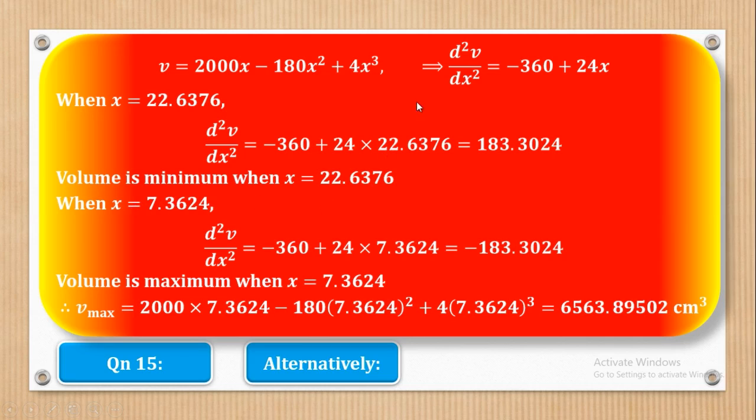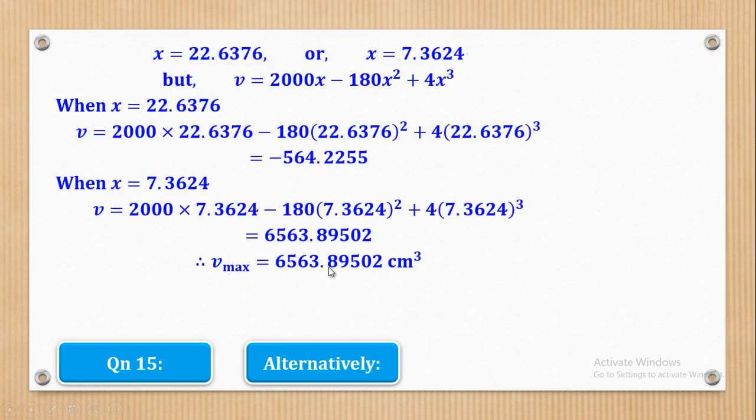But when I carry out the second derivative test on this other value of x, I'll come up with a negative value, meaning the volume is maximum at this value. Therefore, I'll substitute this value of x in this expression to get my maximum volume. So basically, those are the two methods. You can use the second derivative test, or you can use this one whereby you first get the volume for each value of x and compare to see which one is greatest. Any of the two works.